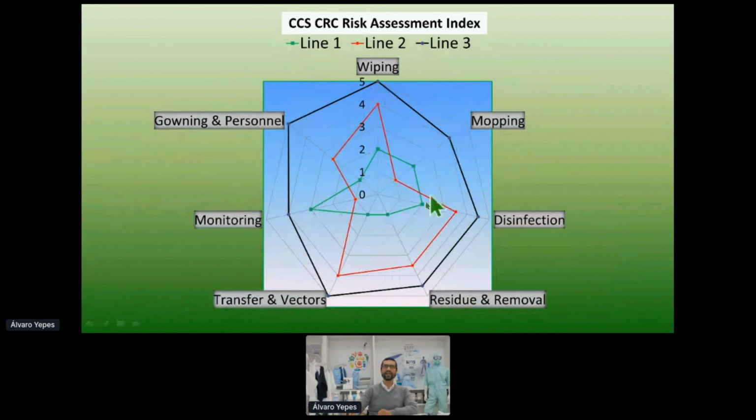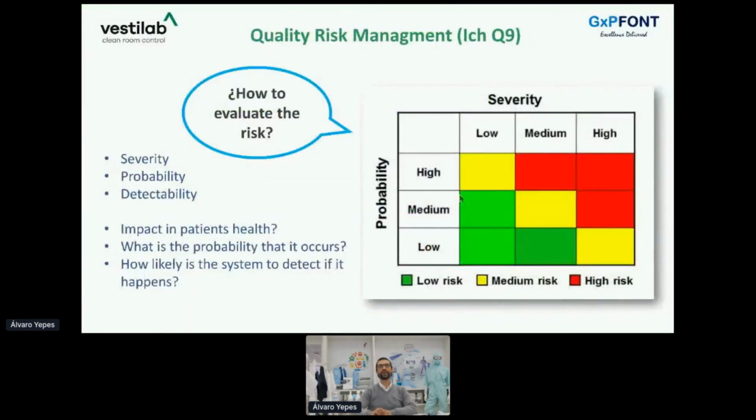So when we decide where to start our proactive actions, we have a guideline on how we can get started improving our process and try to make it more robust. That is the aim of the Annex 1 approach.